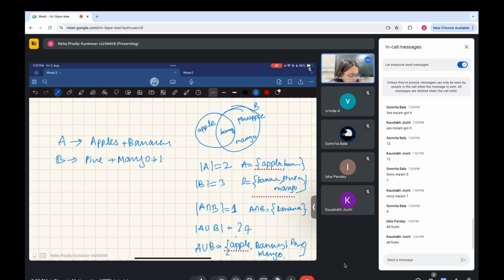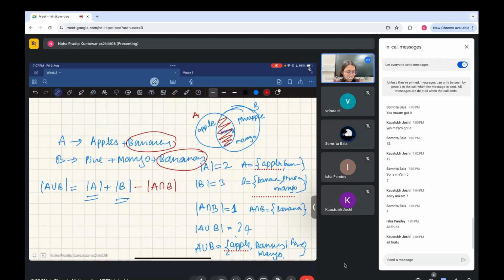And therefore the size of A union B is size of A plus size of B. If we just blindly add them, then the bananas are getting counted twice, once in the set A and once in the set B. To account for that, we will subtract the overcounting by a factor of 1. So we will subtract A intersection B from the resultant set.